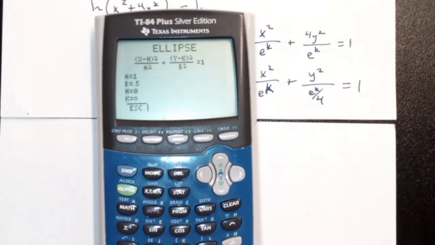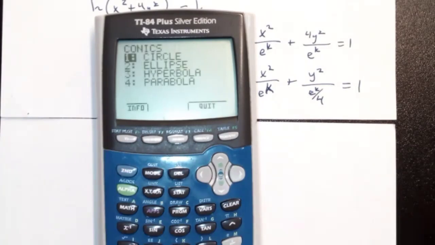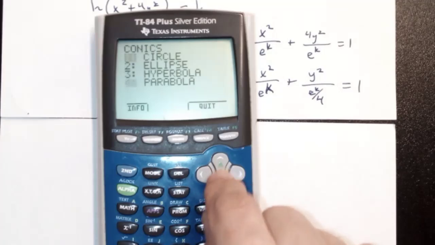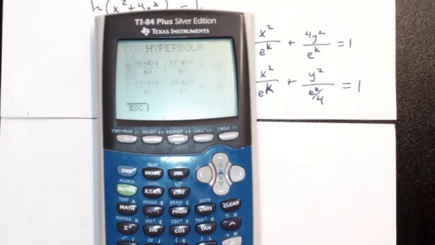My favorite thing about this program, it's built into my calculator, and it has all of the equations for the conic sections, so I don't have to have them memorized. And it even shows them in the little pictures to know which one goes left, right, and which one goes up, down.